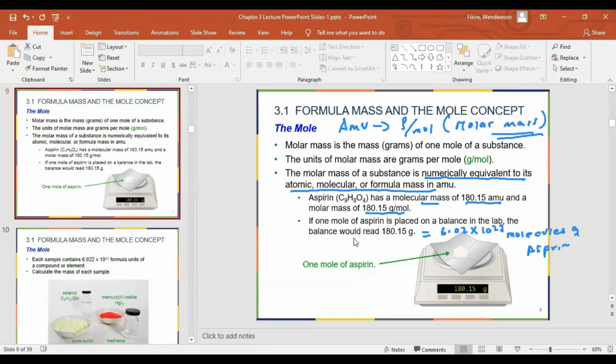Okay, if you have double of that, twice this amount, the number of molecules would also be twice, maybe like 12.06 times 10 to the power of 23 molecules of aspirin. That's how it goes. That's how we are able to track the number of molecules of any substance by looking up the molar mass or the number of moles.